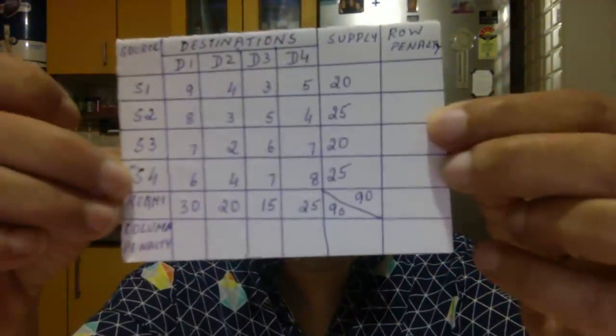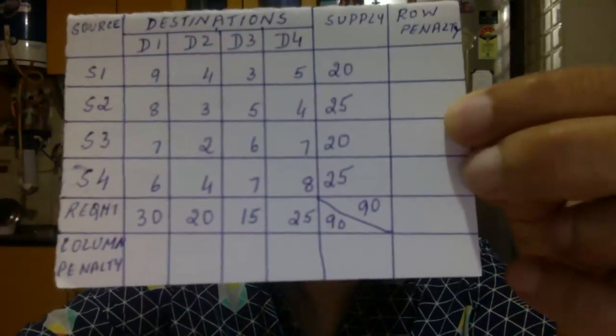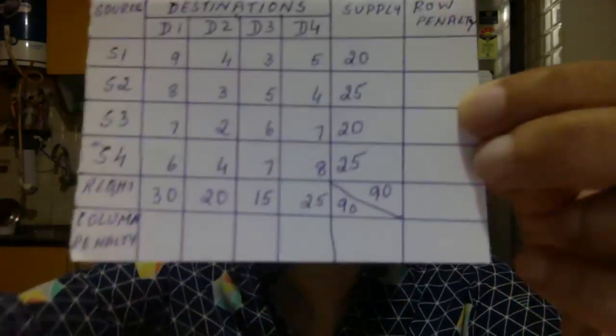Then next one you give 15, that makes 65, and 25. Let me count: 30 plus 20 plus 15 plus 25 is 90. Our problem now looks like this.